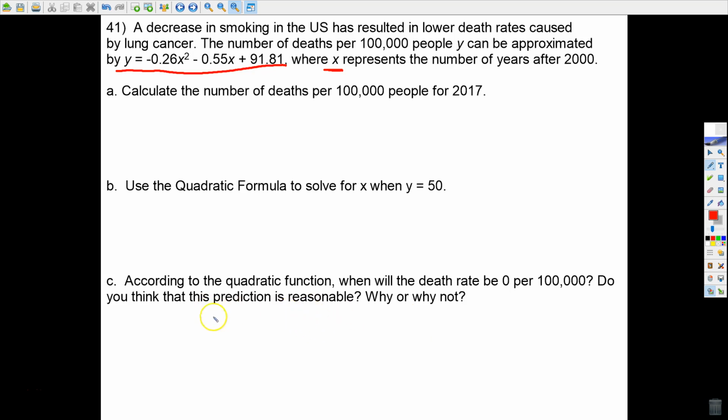Then I'll let you see if that's reasonable. This book is fairly new, but I'll let you see what you get for letter C. What year would the death rate actually go all the way down to 0? And is that a reasonable prediction, to think that there'll be 0 deaths from lung cancer at that time? I'll see what you come up with as far as a reason.